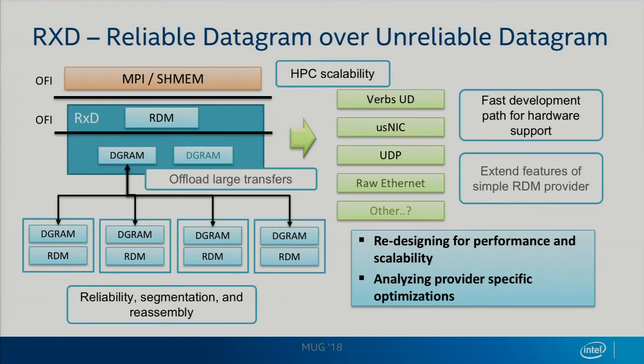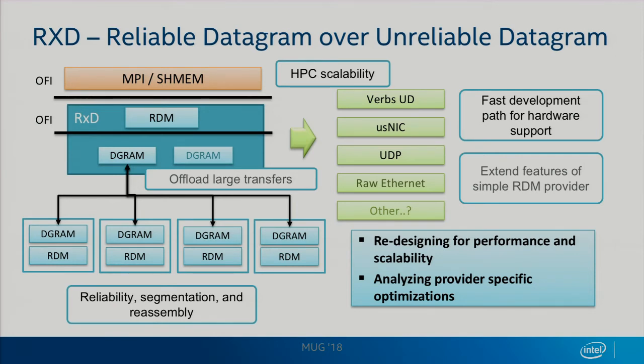So in this slide, I'm showing reliable datagram over unreliable datagram. So this is again, in terms of MPICH, the UD mode. So if you had to do scaling on a fabric that was not scalable or could only scale with UD, then you would do this.